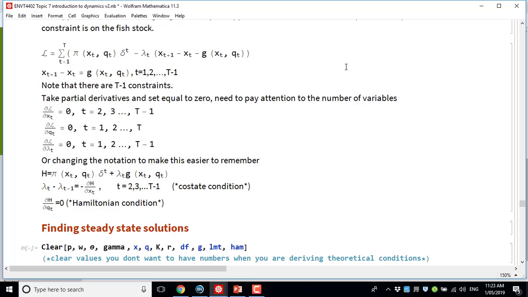Exactly the same principle applies to fisheries economics. And the Lagrange multiplier is just measuring the value of fish in the sea. All right, so it tells you how much an extra ton of fishery biomass is worth in the sea.